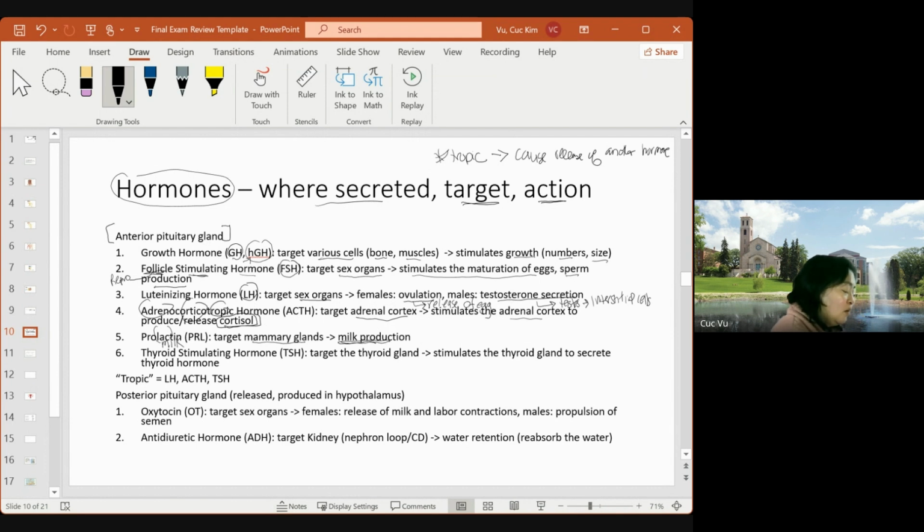Now, prolactin leads to milk production, which is not the same as oxytocin, which is actually the one that releases the milk. Let me explain the difference. When a mother becomes pregnant, her mammary glands are going to swell up and start to produce milk.